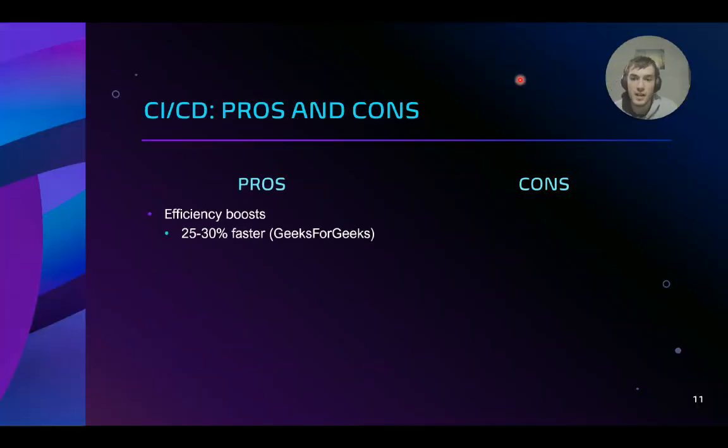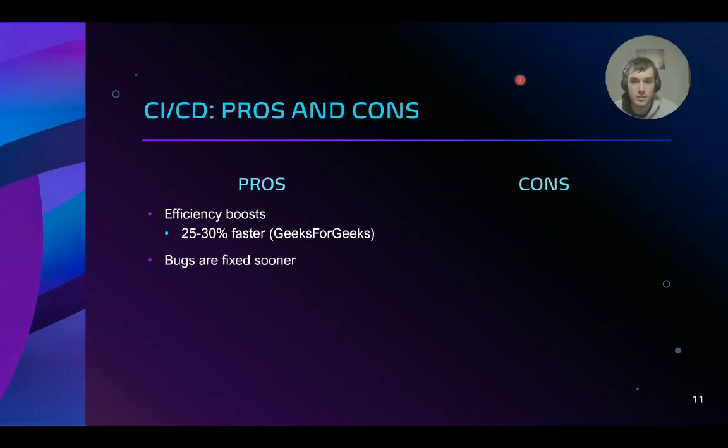Some pros and cons of CI/CD are that it's just a massive efficiency boost. Geeks for Geeks notes that it's 25 to 30% faster than traditional software development models. So it's a huge boon to companies and to development teams because it boosts efficiency.